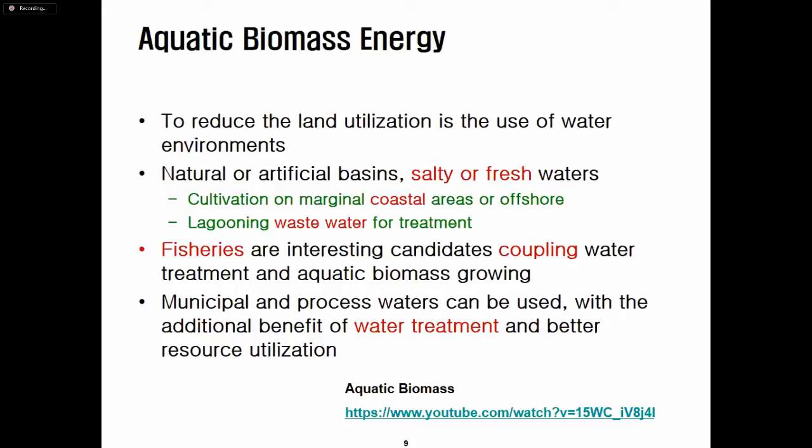An interesting concept is combining water treatment and aquatic biomass growing. As such, aquatic biomass energy is an emerging theme. Likewise, municipal and processed water can be used with the additional benefit of water treatment and better resource utilization.